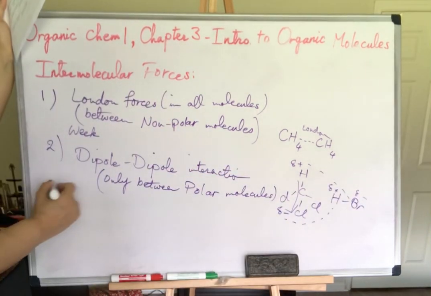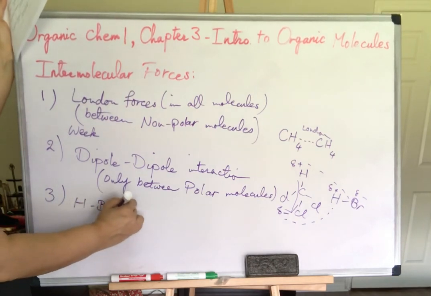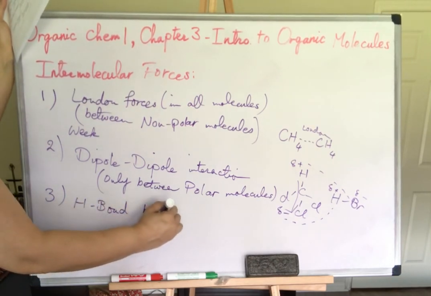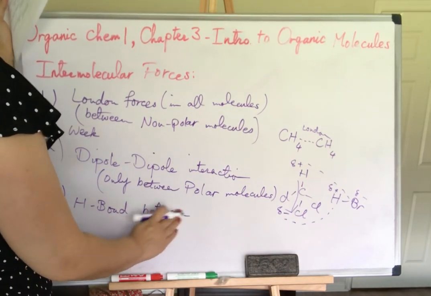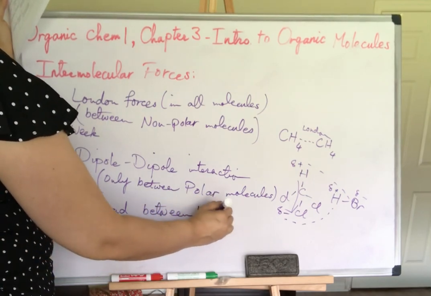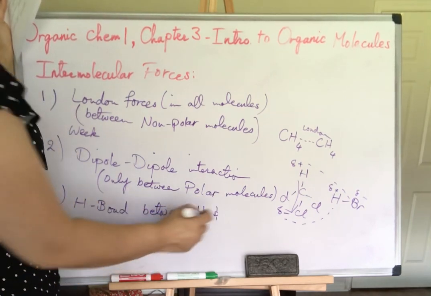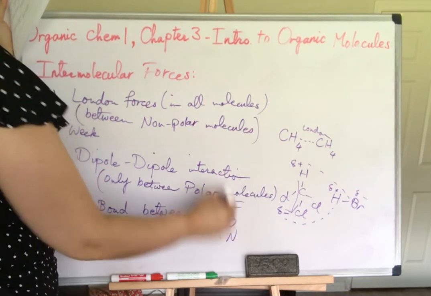And finally, hydrogen bond, which is the most important of them, is between hydrogen and these three, F, O, and N, the three most electronegative elements.